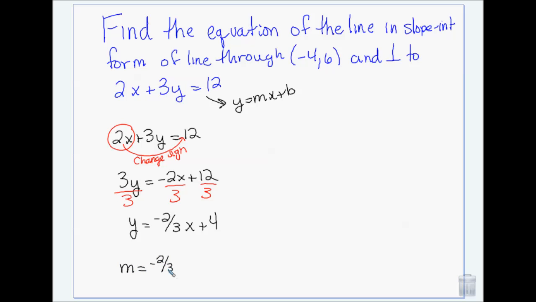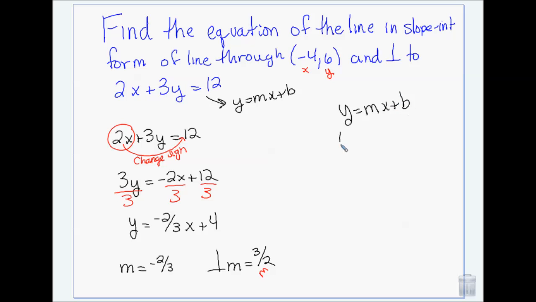I don't want m, I want to know what slope is perpendicular to that. So I'm going to flip it and change the sign. So perpendicular is going to be 3/2. This is the slope I'm going to use because I want to make a perpendicular line. So I've got my x and my y and my m. I've got to find my b.